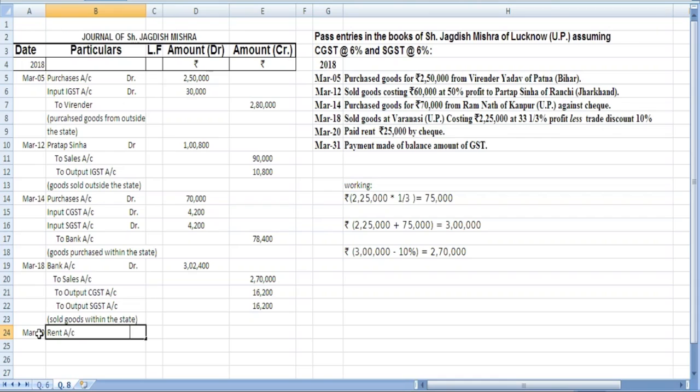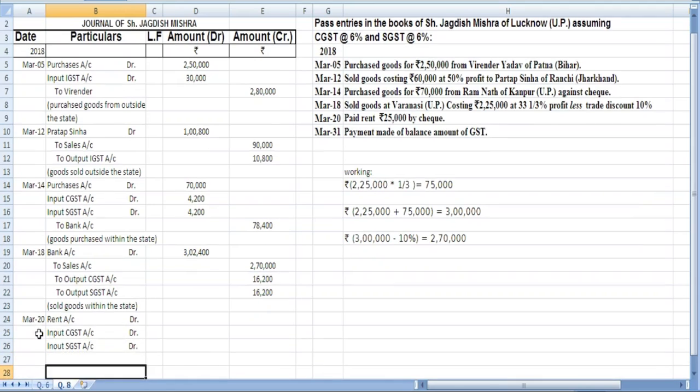Rent account debit, input CGST account, input SGST account, debit, to bank account.